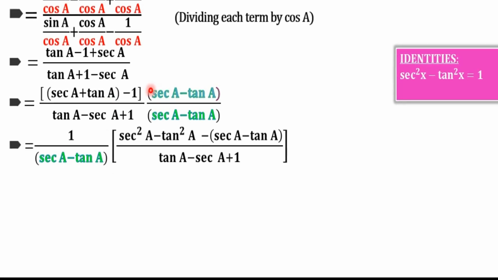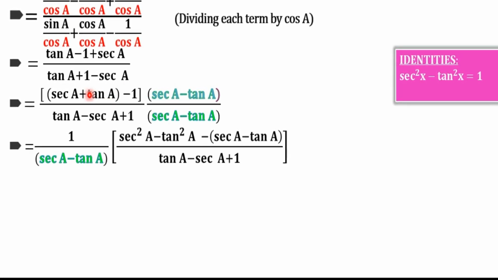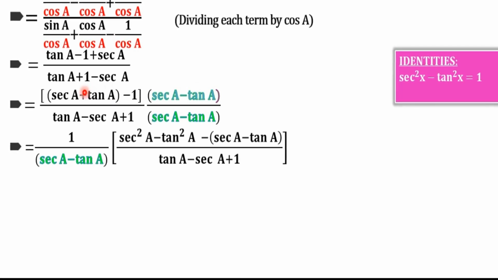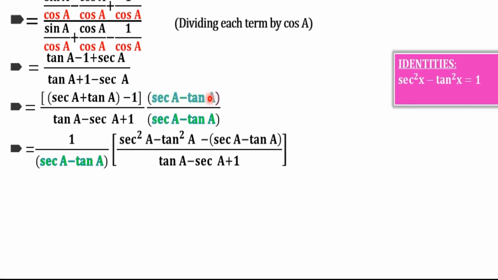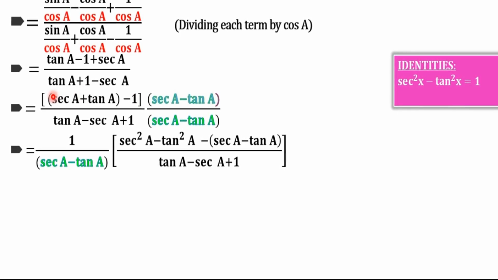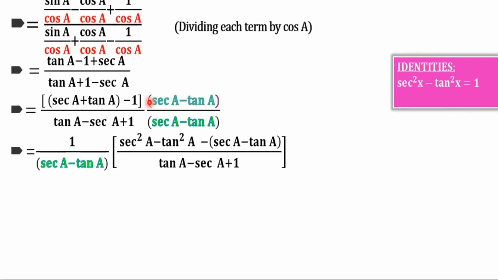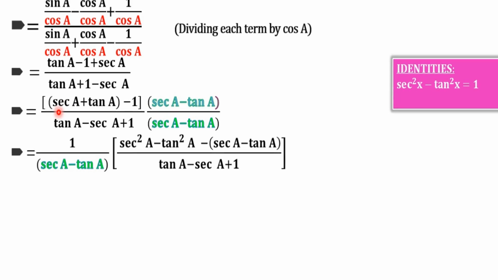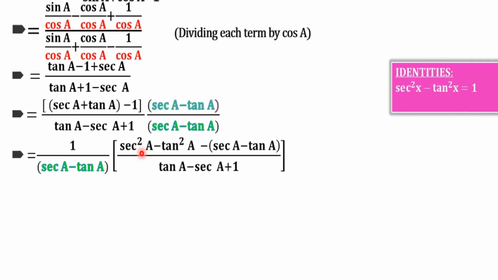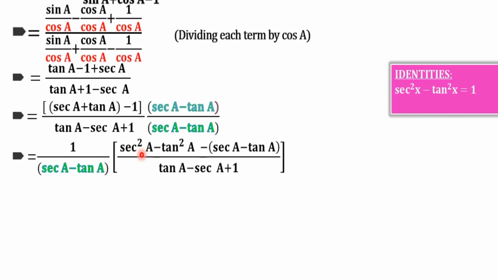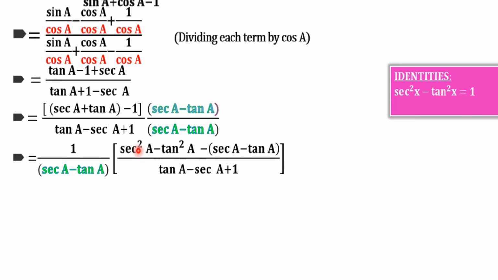Now, we are going to simplify our numerator. That is, we have (sec A plus tan A minus 1) into (sec A minus tan A) here, as we are multiplying the numerator by sec A minus tan A. Now, here sec A plus tan A, here sec A minus tan A. On multiplying, we know that (a plus b) into (a minus b) gives a square minus b square.